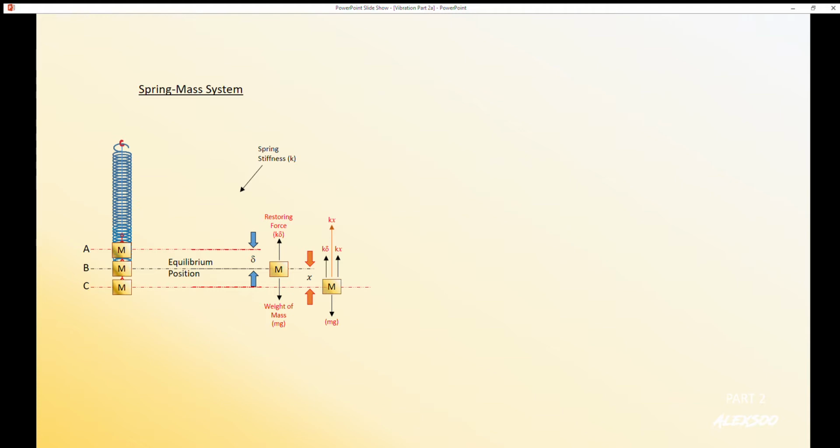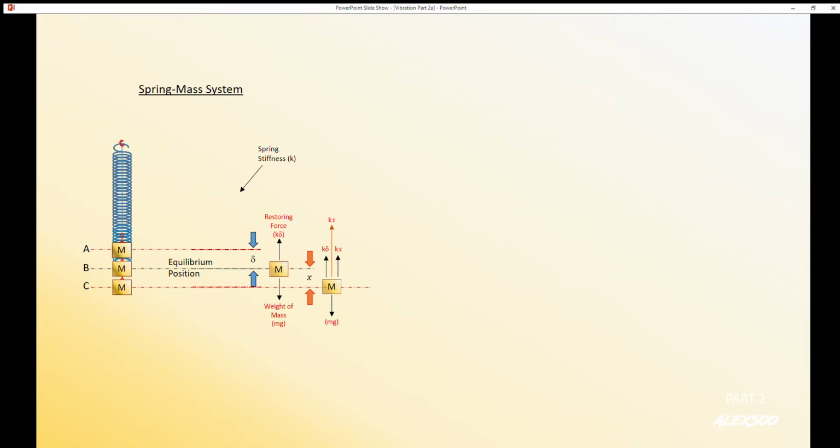So when you refer to mg and Kx with K delta, you will have a net force of Kx, and this net force Kx causes the mass to slide upwards again.